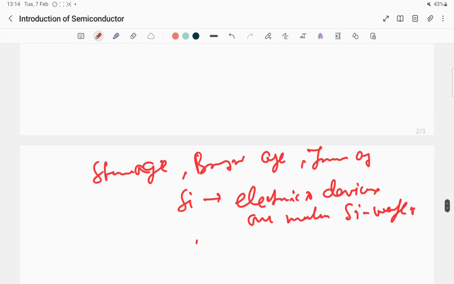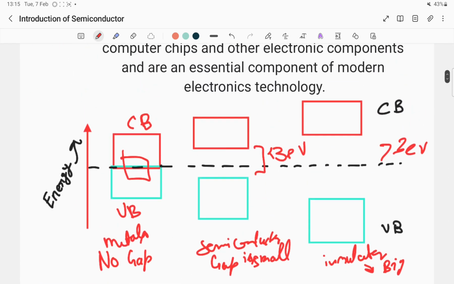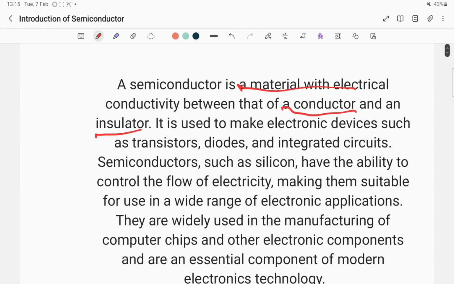Now we see specific examples where semiconductors are used in our daily life. They are used in making transistors, diodes and integrated circuits, ICs. Semiconductors such as silicon have the ability to control electricity.